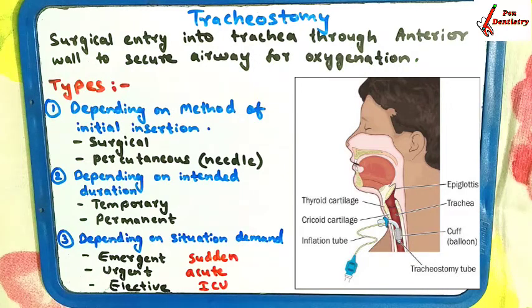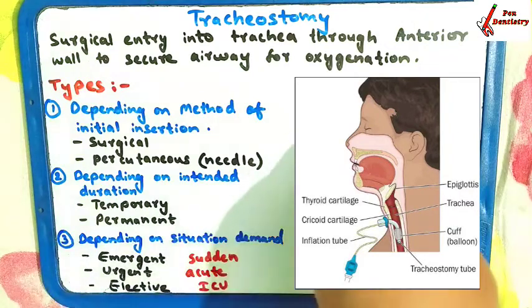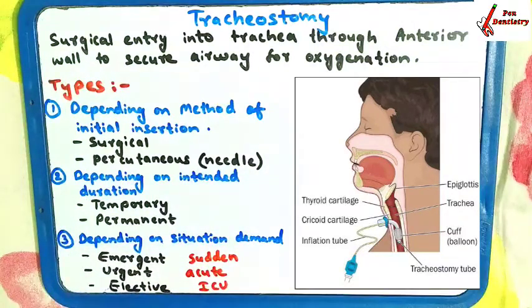Today our topic is tracheostomy. What is tracheostomy? You are going to give an airway for oxygen to the patient if the patient is suffering from suffocation or blockage in the trachea.